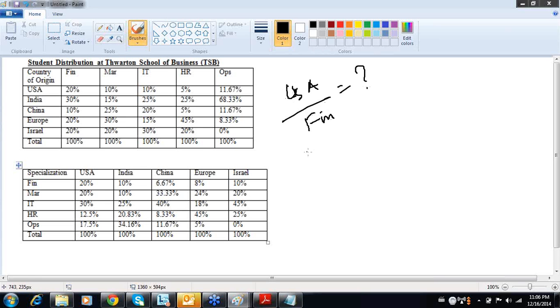Okay. Let us say in USA there are 200 students. So just go to the first row here.